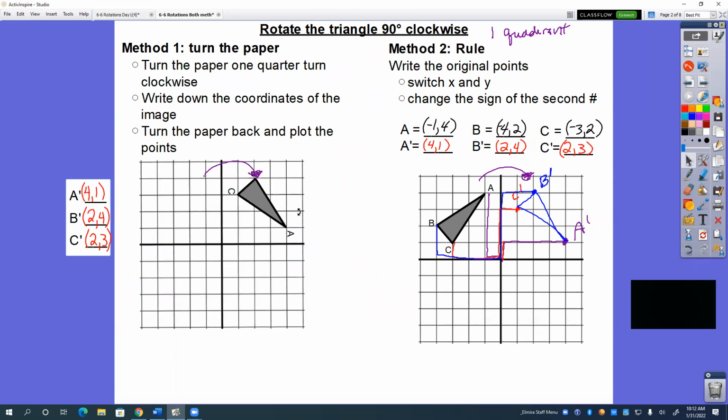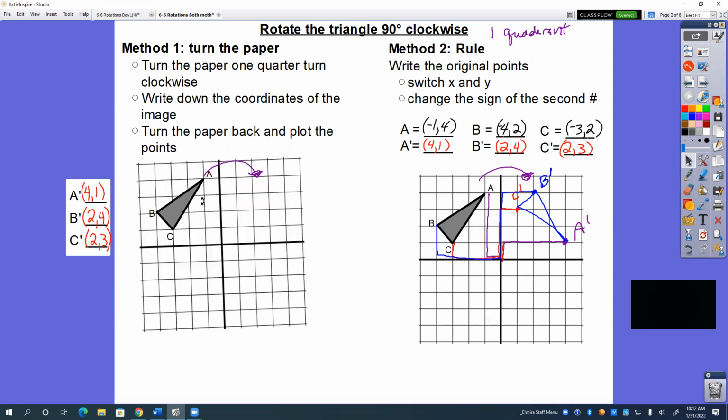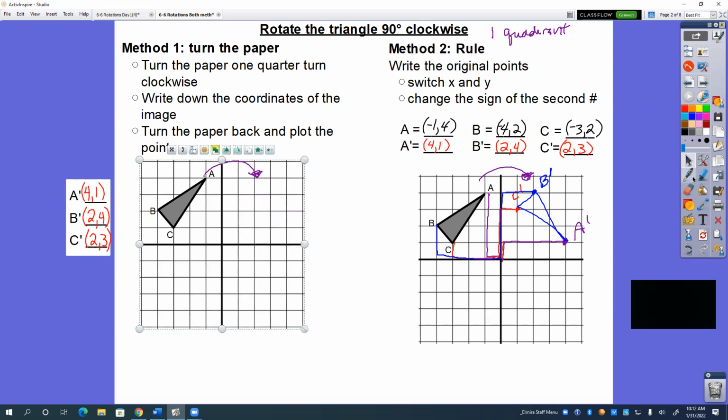We rotate our paper 90 degrees. We get the coordinates 4, 1. B prime is 2, positive 4, and C prime is 2, positive 3. Okay, so then we turn it back and we draw in our new coordinates.